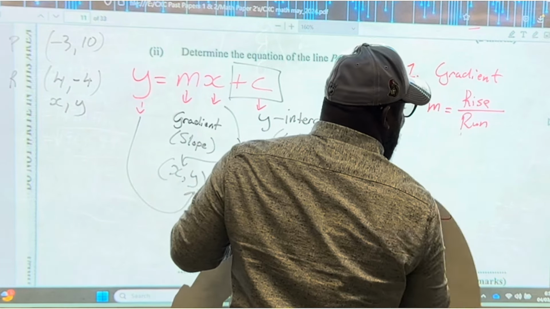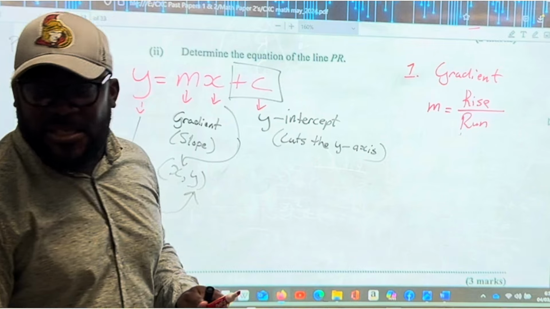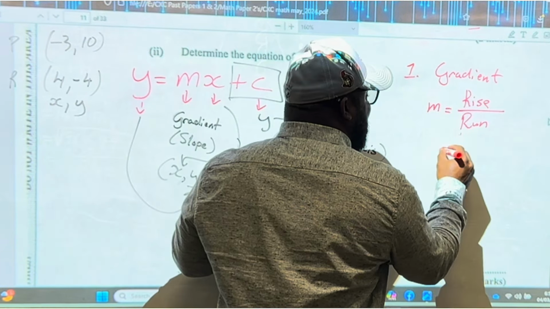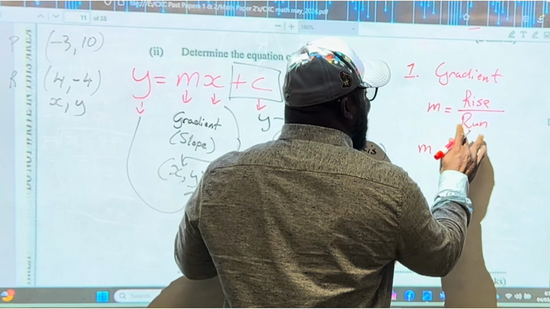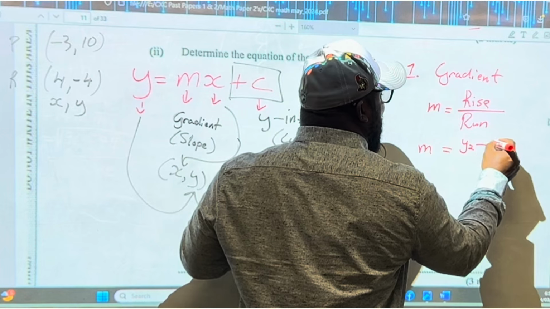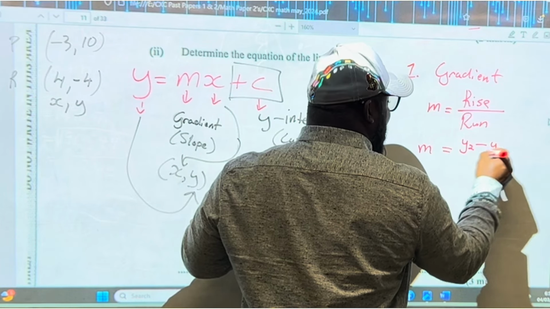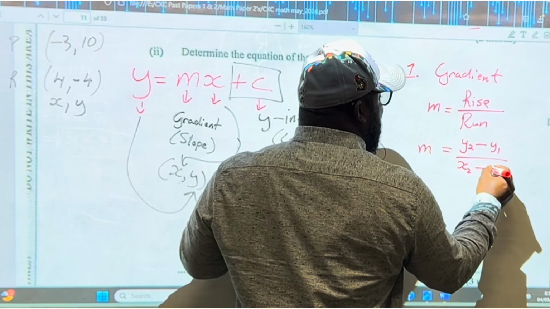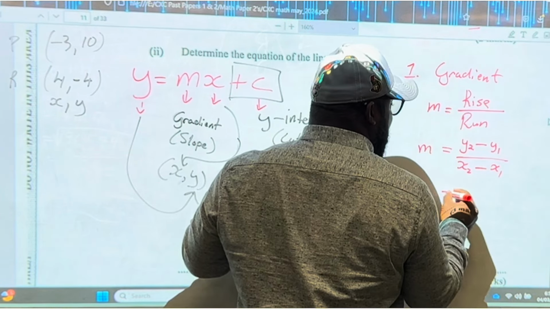The rise and the run are clearly on an axis. Which axis will represent the rise? The y. So you put y2 take away y1, and the run will be what? x2 minus x1.